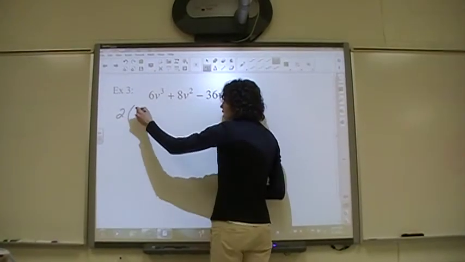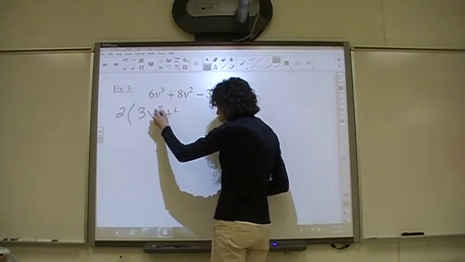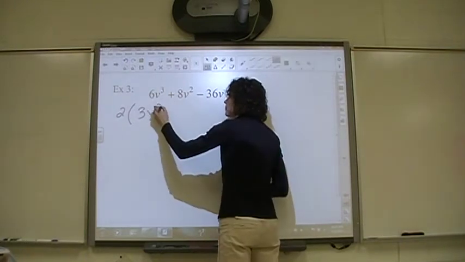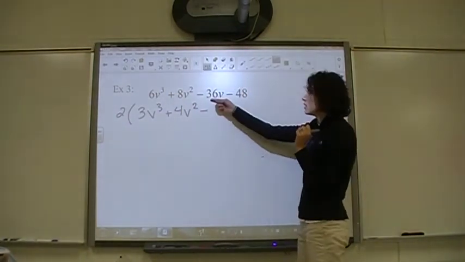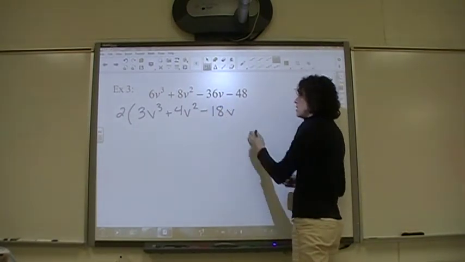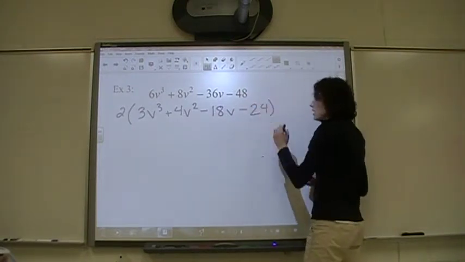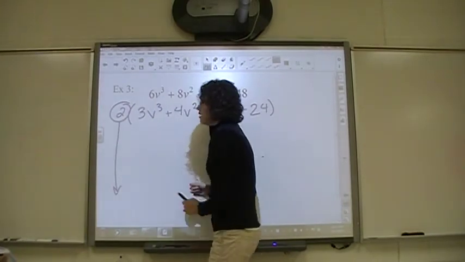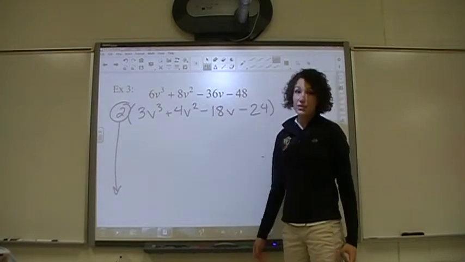So if we take a 2 out, we are left with 3v cubed plus 4v squared, then minus 36v divided by 2 is going to give me 18v, then minus 48 divided by 2 is going to give me 24. Now what I want you to do is take this 2, circle it, and put an arrow down, because you have to include it in your final answer. If you don't do that, you might forget it.